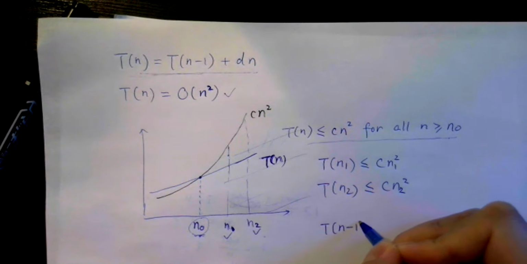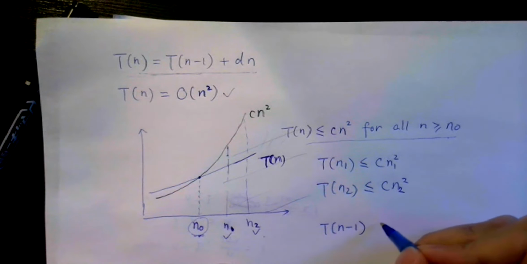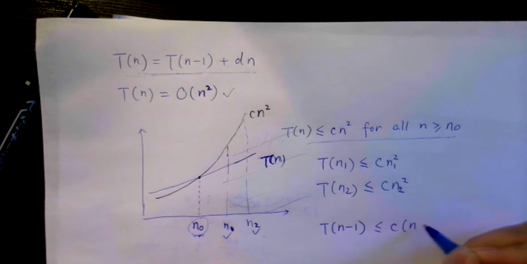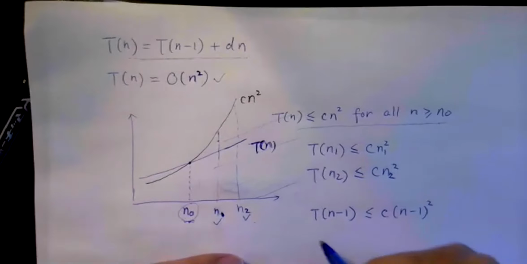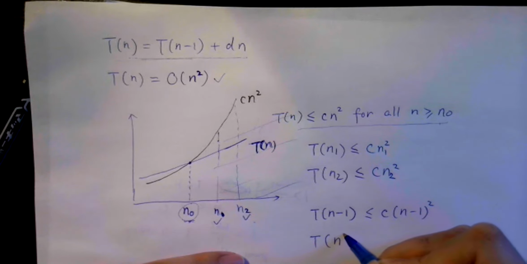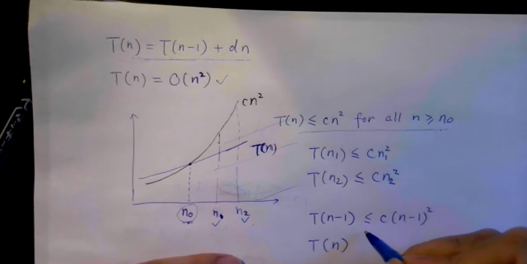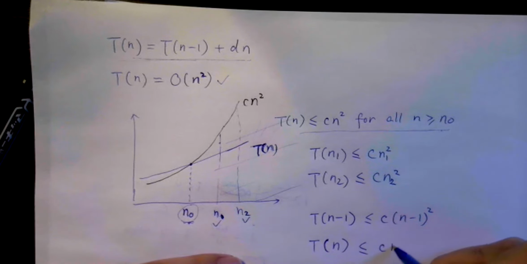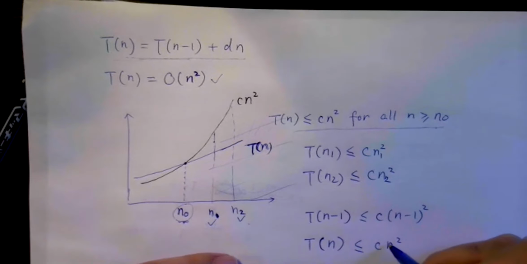For the smaller case, T of n minus 1 is bounded by c times (n minus 1) squared, and the original, larger case problem is also bounded by the quadratic bound.